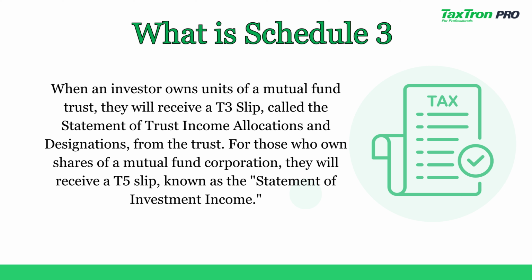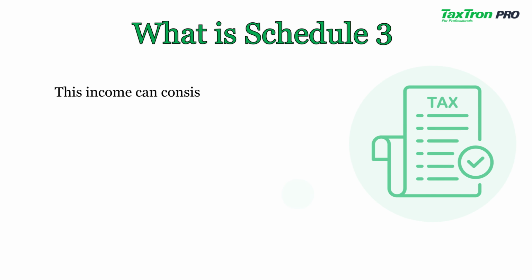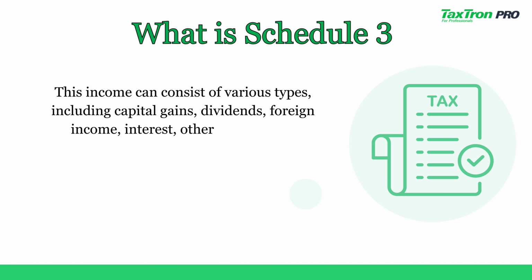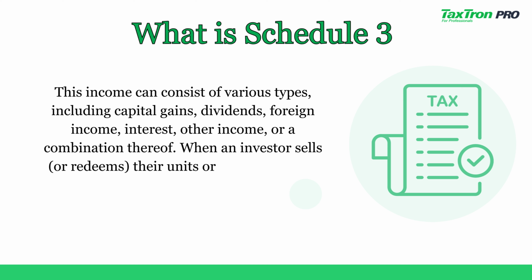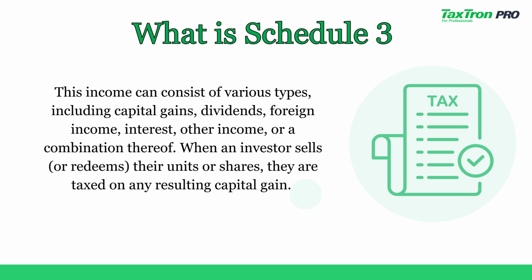For those who own shares of a mutual fund corporation, they will receive a T5 slip, known as the Statement of Investment Income. This income can consist of various types, including capital gains, dividends, foreign income, interest, other income, or a combination thereof. When an investor sells, or redeems, their units or shares, they are taxed on any resulting capital gain.